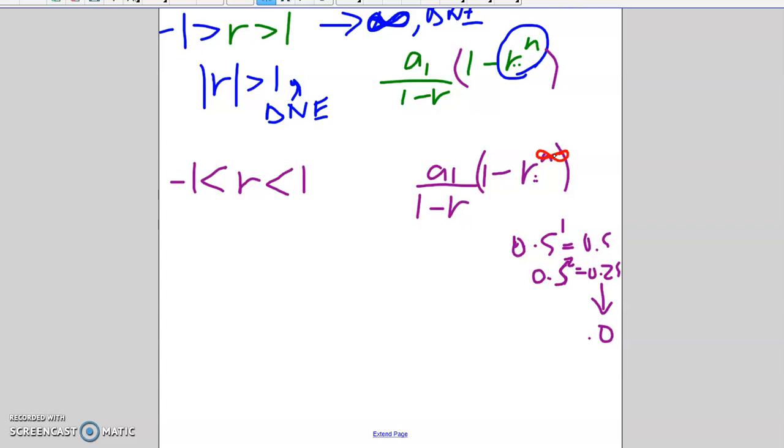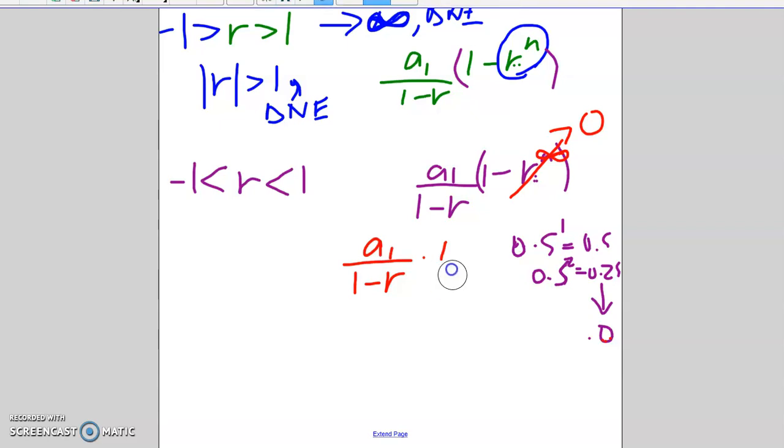Then if that r is less than 1, what happens is this whole thing goes to 0. It just becomes smaller and smaller. And so I'm left with a sub 1 times 1 minus r times 1 minus 0 is just 1. I don't need to write that 1 there either.